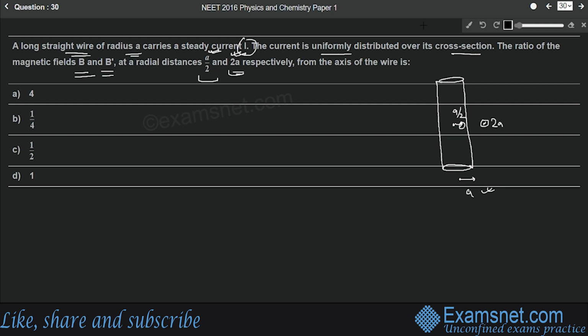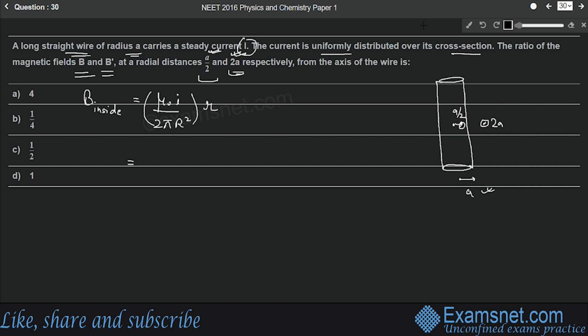Now at these 2 points we have to find out the magnetic field, but we know that the formula of magnetic field will vary inside and outside the wire. Okay, so let's talk about the first case, that means B inside. The formula is mu naught I by 2 pi R square, where capital R is the radius, into small r. Small r is the distance of the point at which we have to find the magnetic field.